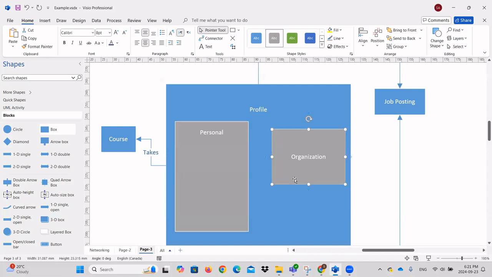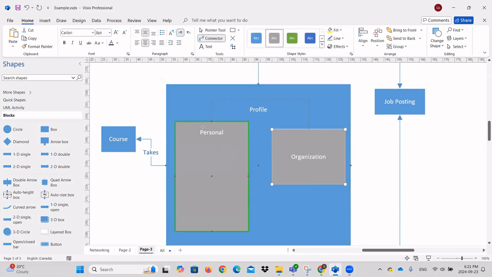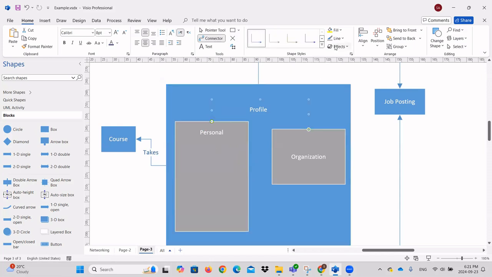So an organization may employ a personal. So, okay, it employs a person, but in terms of the representation in the networking app, the organization has an employee that has a personal account or a personal profile.